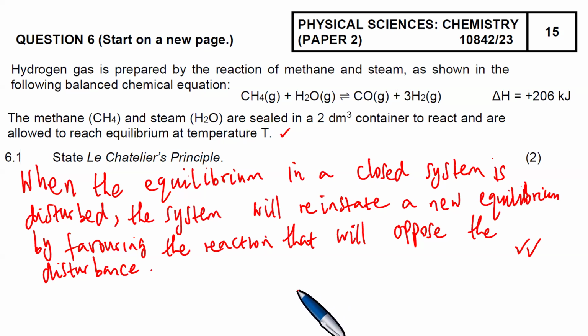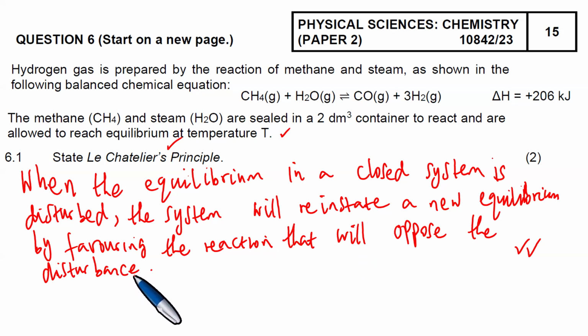We are dealing with reactions in equilibrium, but Le Chatelier's principle works if we disturb the equilibrium. So if you disturb the equilibrium, the system attempts to establish a new equilibrium by favoring the reaction that will oppose the disturbance.